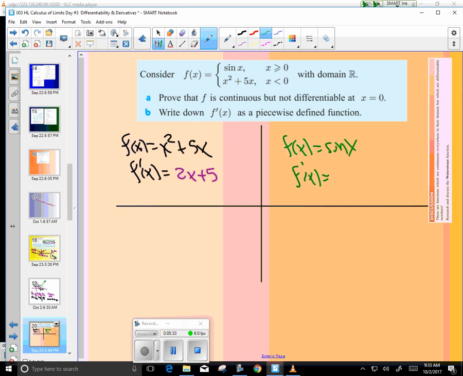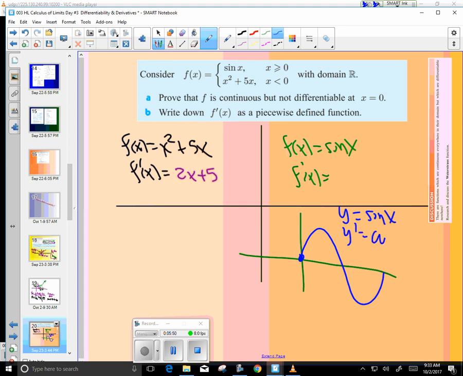Well, let me show you real quickly how you can always remember that it's regular cosine. Here's the sine of x graph, y equals sine x. You're saying that the derivative is cosine of x, right? What's the y value at 0? 0 for sine. 0, 0, right?